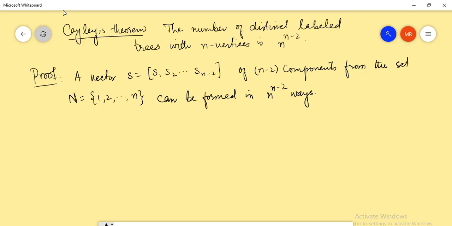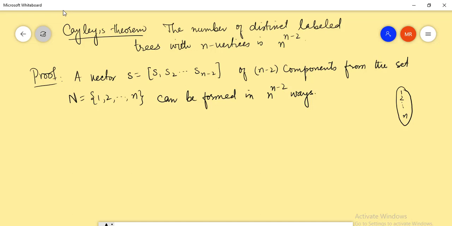Because if I'm constructing this vector of n minus 2 components from this set with n elements, for each component I have n choices. So the total number of ways is n power n minus 2.